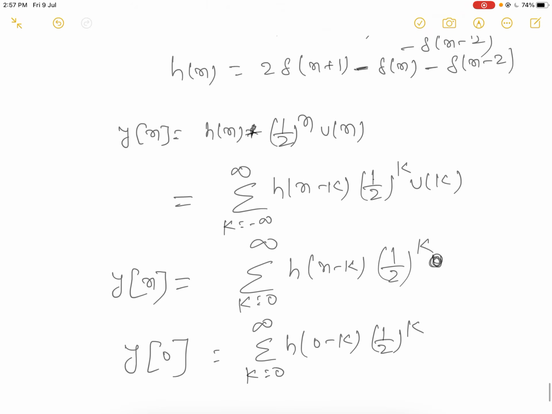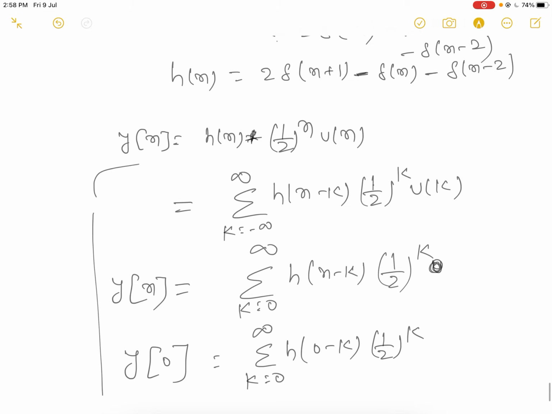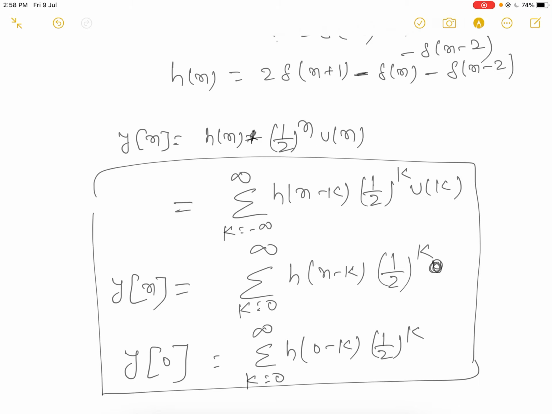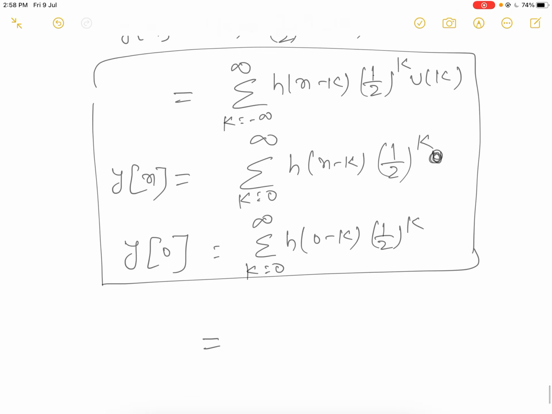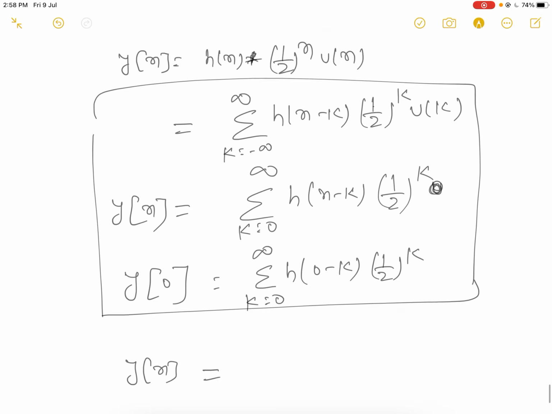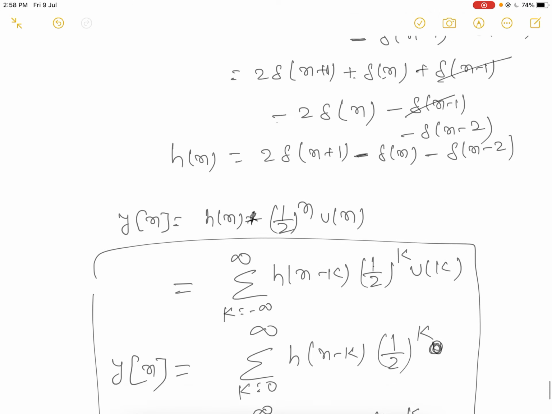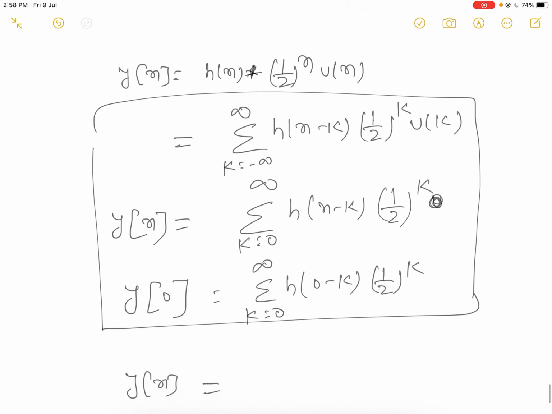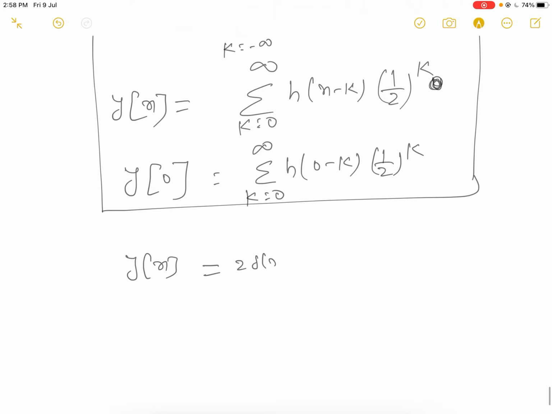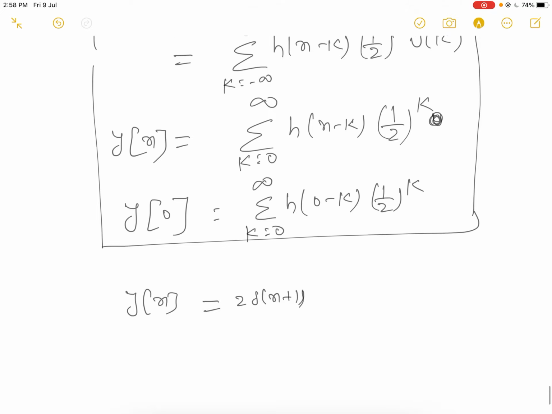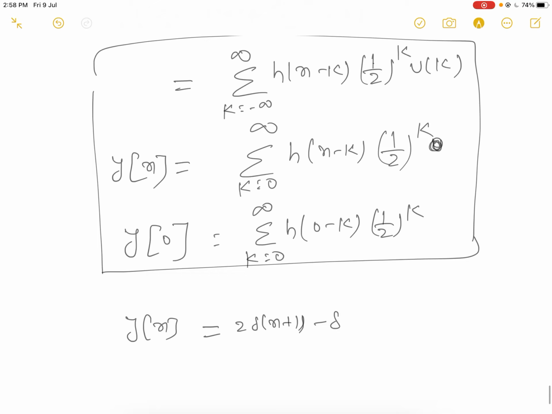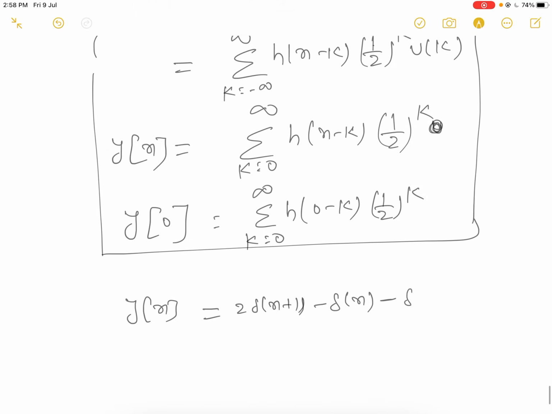Now we can apply convolution directly, otherwise we will get a lengthy process with a lot of calculation. So h[n] is given: 2 del n plus 1 minus del n minus del n minus 2, convolved with half to the power n u[n].